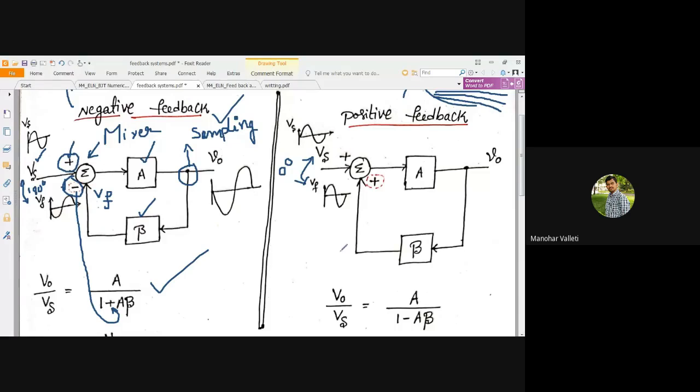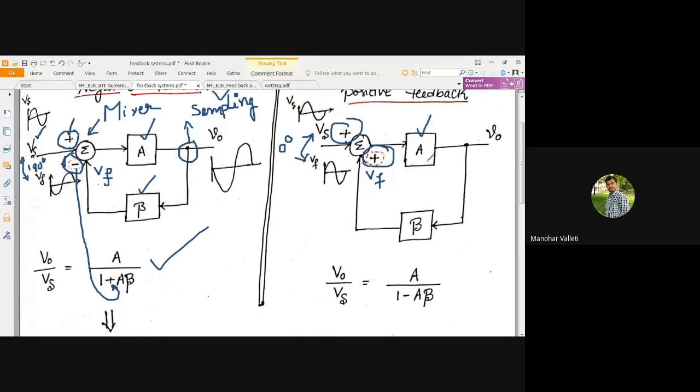You see here the amplifier, the output applied to the beta network, and whatever signal is available here, that is the feedback signal, is in phase with the input Vs. That information is represented with the help of signs. Input signal is plus sign and feedback signal is also plus sign, meaning both are in phase.